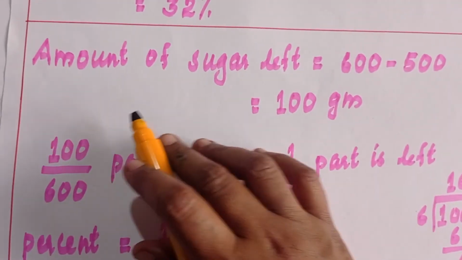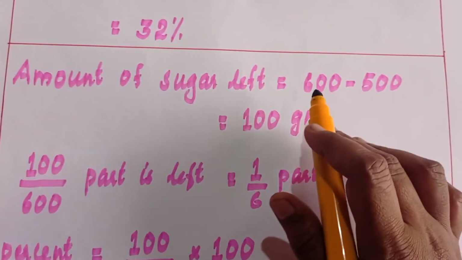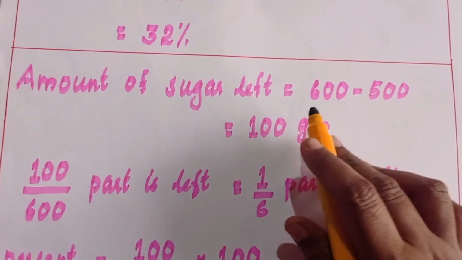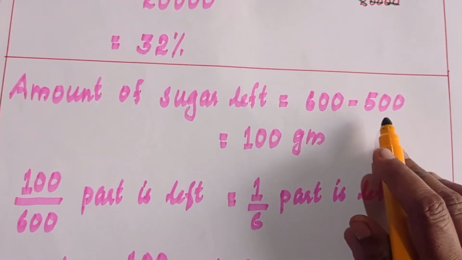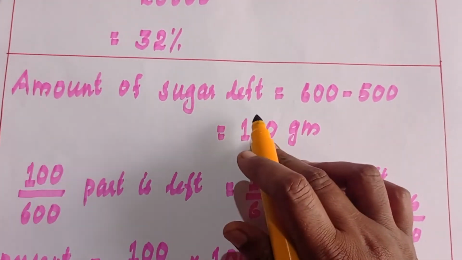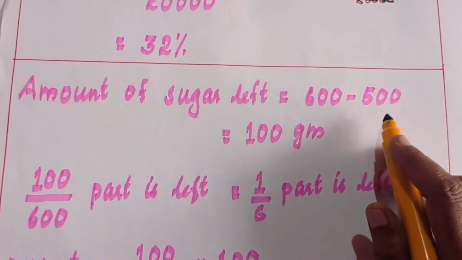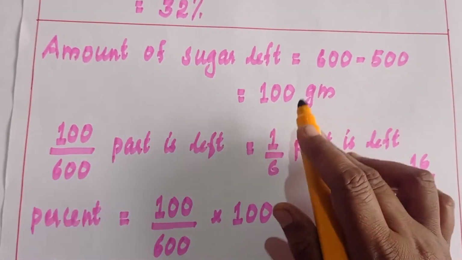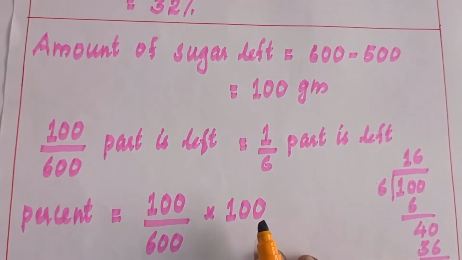First find out the amount of sugar left. Now here the total amount of sugar is 600. Out of 600, 500 grams is used up. Then the amount of sugar left is equal to 600 minus 500. Then 100 grams of sugar is left.